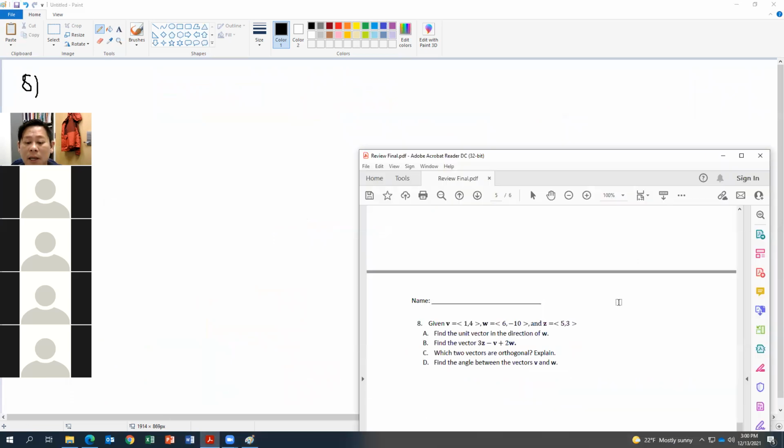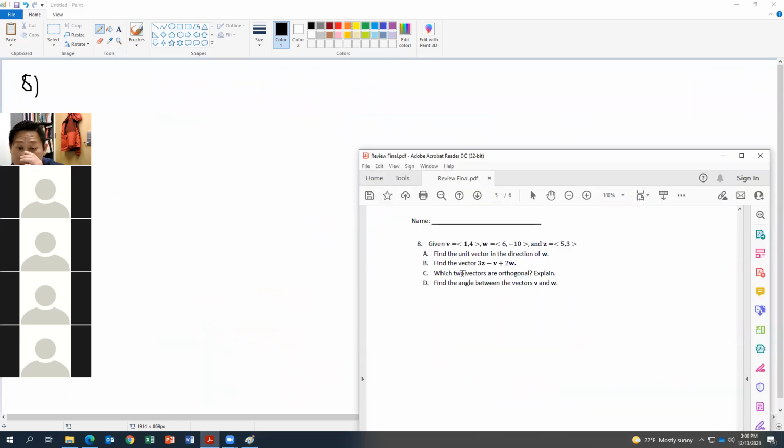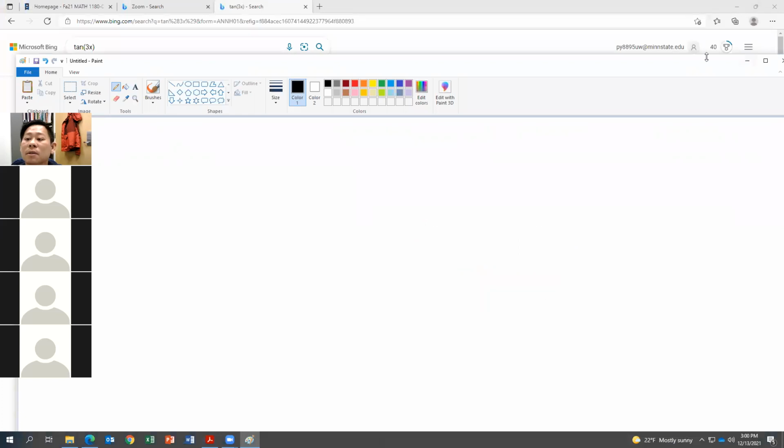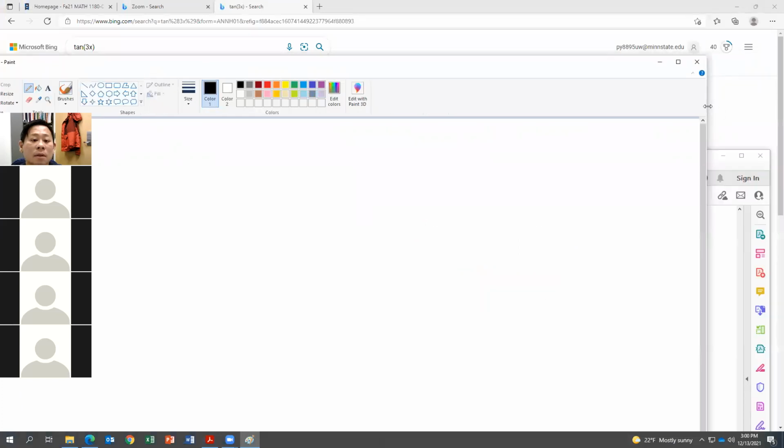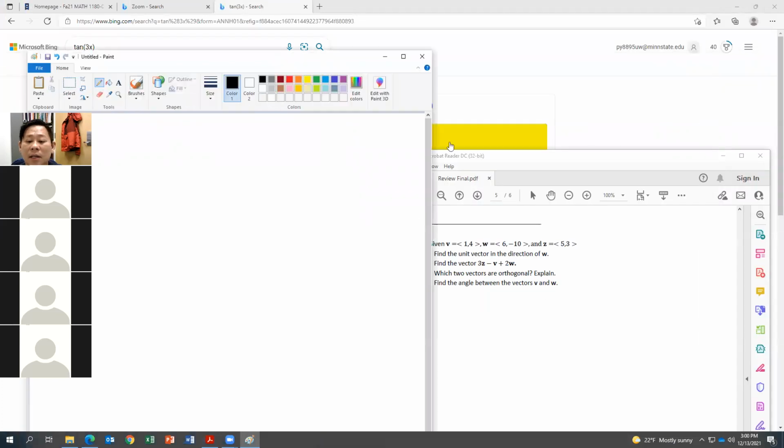For question number 8, we are given 3 vectors here. Vector V, I'm going to squeeze this a little bit smaller so I can see both of these. Vector V is given in component form as 1, 4.